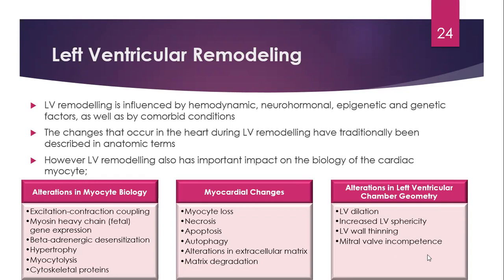And then the geometry of the ventricle is also affected, where you get dilatation and increased sphericity. So instead of the ventricle being an ellipse, it becomes spherical, and that affects wall stress and alters the performance of the heart.